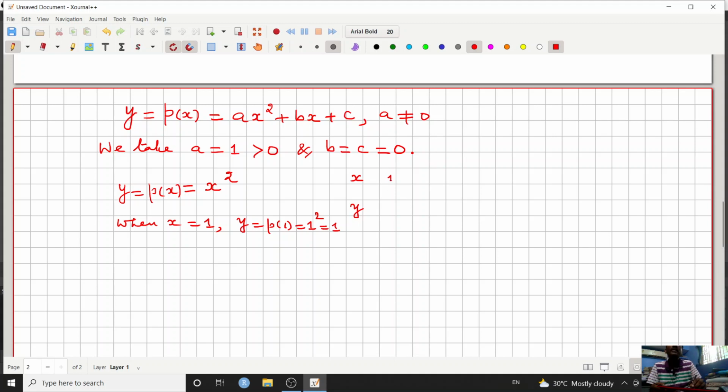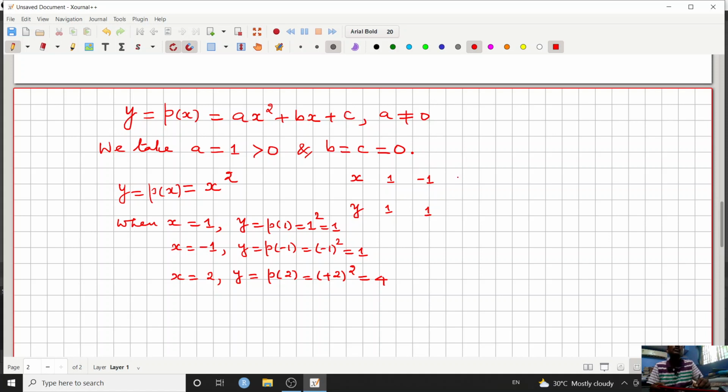So when x is 1, y is also 1. When x is minus 1, of course we give only the integral values so that the plotting may be easier, it is going to be minus 1 square again, which is 1. So when x is minus 1, we get the value of y as 1. When x is equal to 2, y is equal to p of 2, which is 2 whole square, which is 4.